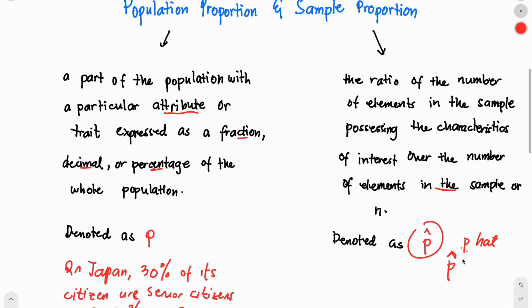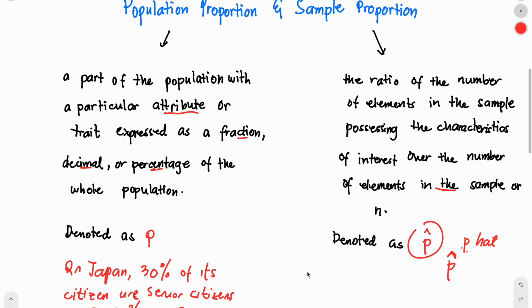So, that is the sample proportion. I'll write a formula for this. So, in Japan, 30% of its citizens are senior citizens.